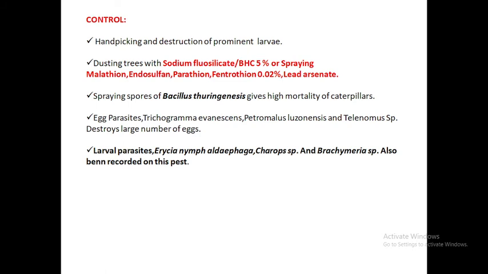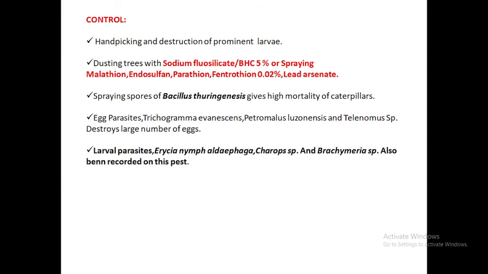Then I can also use different pesticides such as malathion, parathion, pentathion, and lead arsenate by spraying this insecticide on the leaves which are infected with this pest. We can also spray the spores of Bacillus thuringiensis which will kill the caterpillars of this pest.